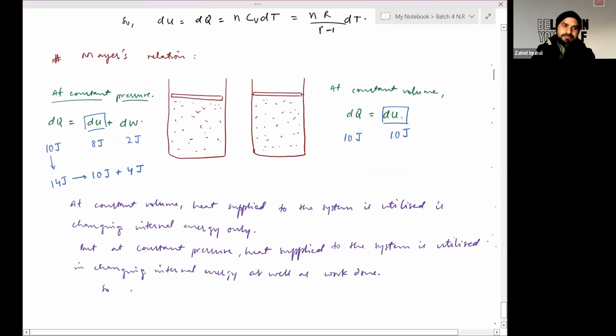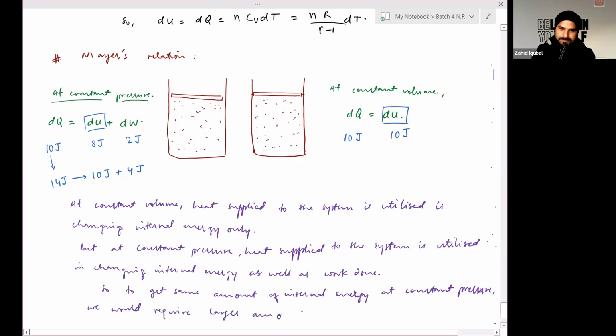So to get the same amount of internal energy at constant pressure, we would require a larger amount of heat to be supplied.